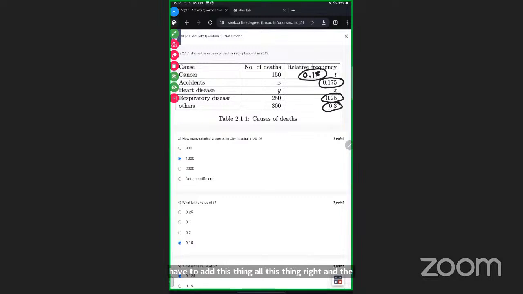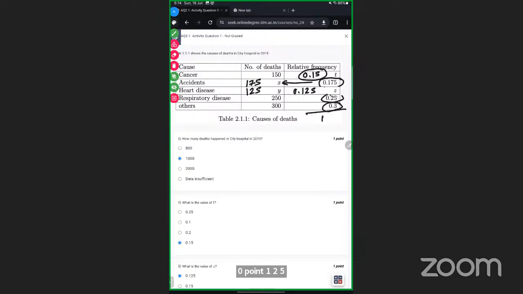Z is coming out to be 0.125, I guess. So from this you can find Y, or find X from here, which is going to be 0.175. Y comes out to 0.125 because I know Z is 0.125.